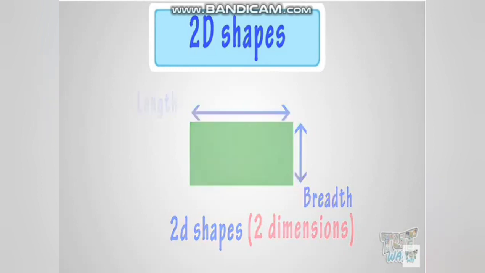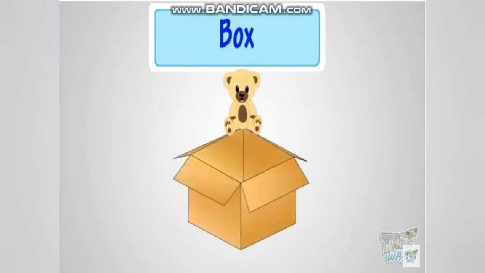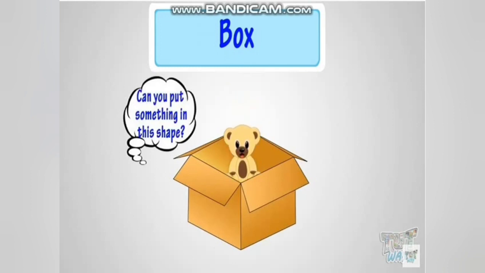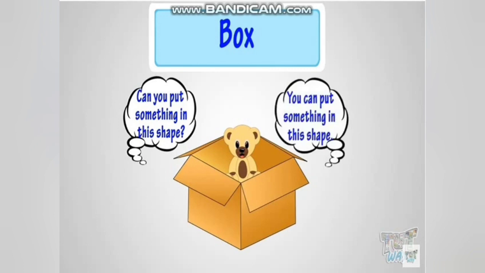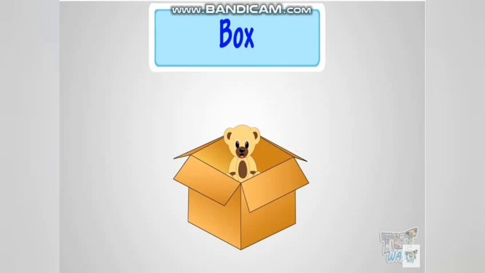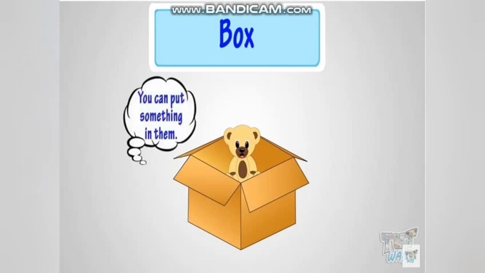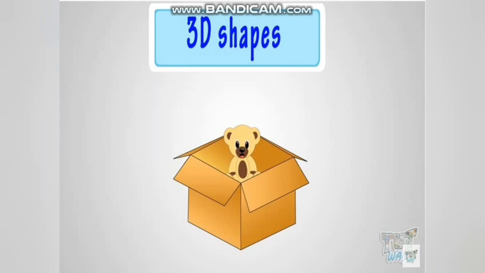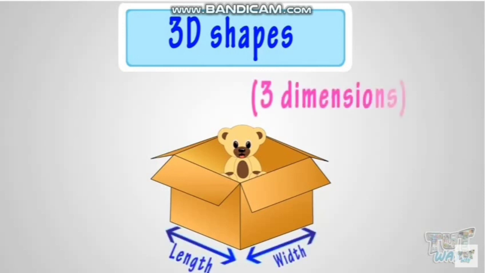Good. Kids, can you put anything in this shape? Yes, you can put something in this shape. So, such shapes where you can put something in them are called 3D shapes. And they are so called because they have 3 dimensions, one more dimension than 2D shapes.